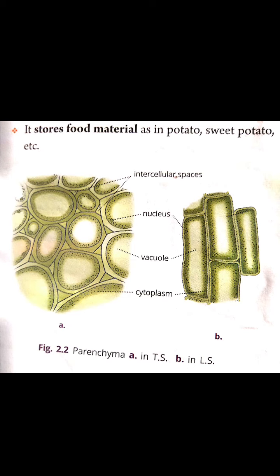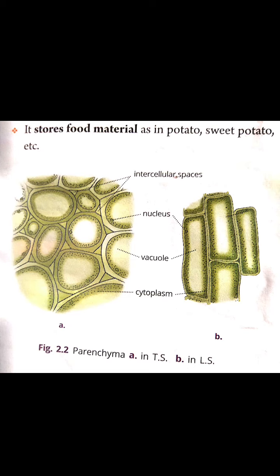Actually, the cells of these parenchymatous tissues are thin walled and oval, or maybe round or sometimes polygonal.